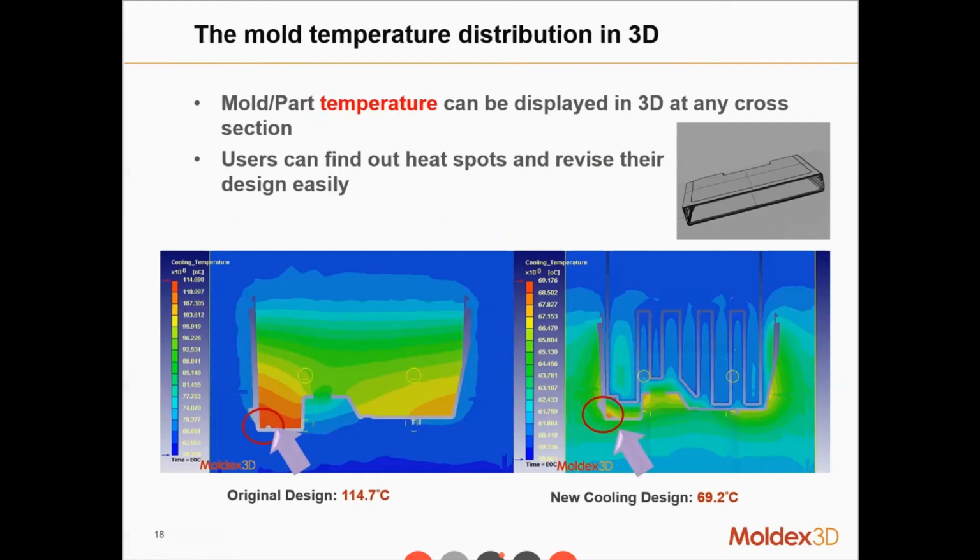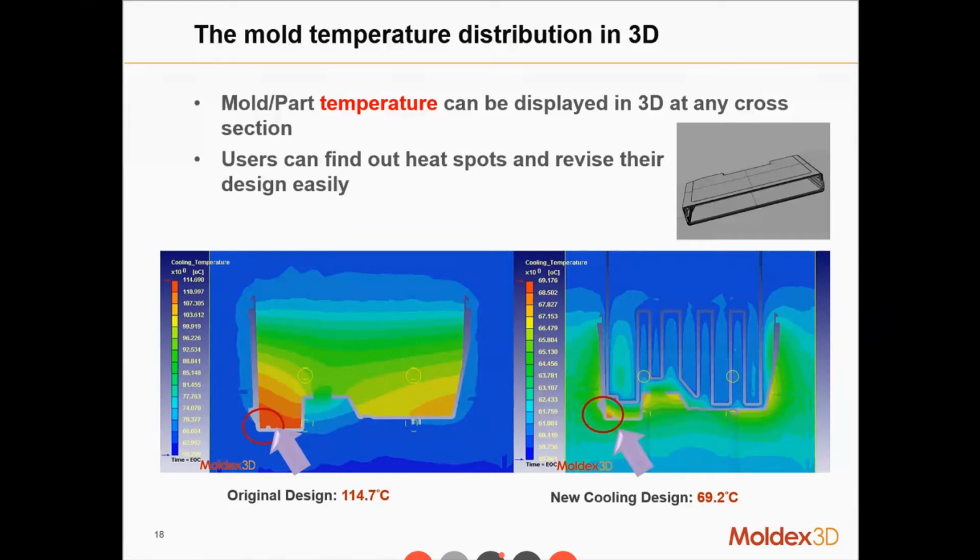Next one is the mold temperature distribution in 3 dimensions. Now, again, this is the same model that we saw in the first result, which is the cooling time. 2 models, one with the new cooling channel design. Now you can see clearly the temperature distribution in the mold.